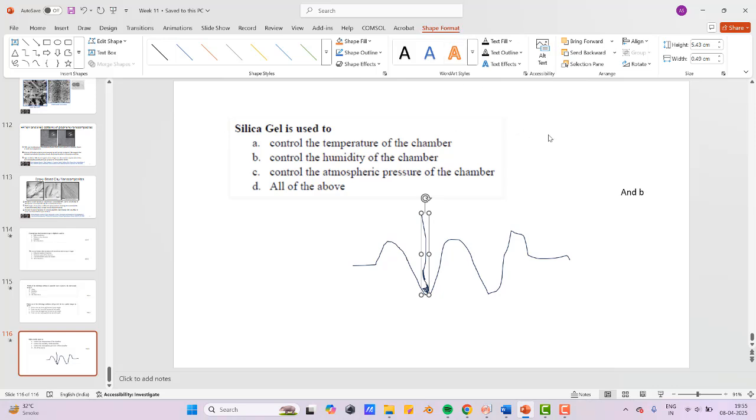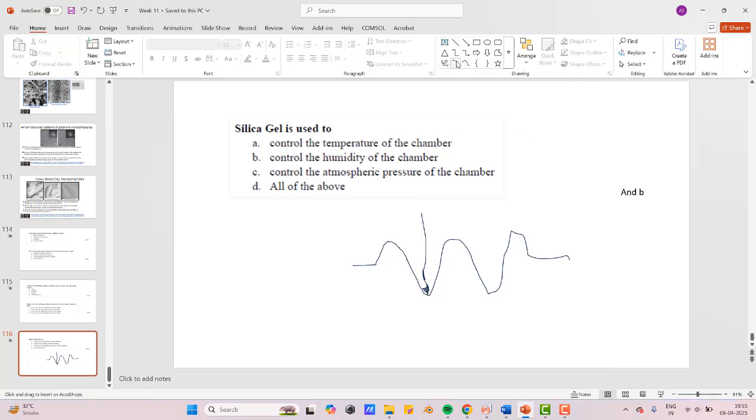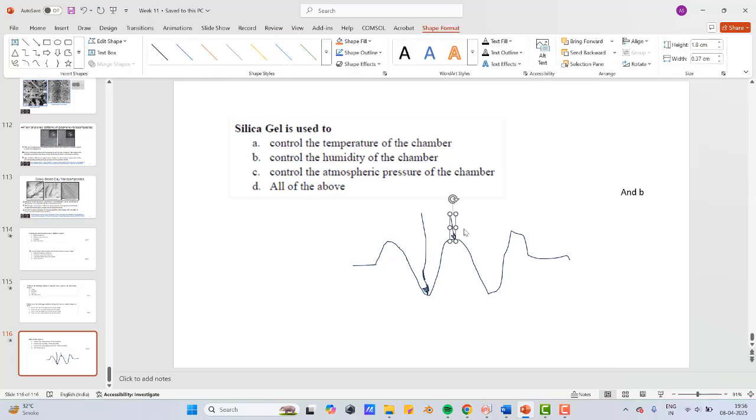And if we move towards this peak, then the depth will be this much. So the depth of field will be counted from here to here, so it will be around 100.